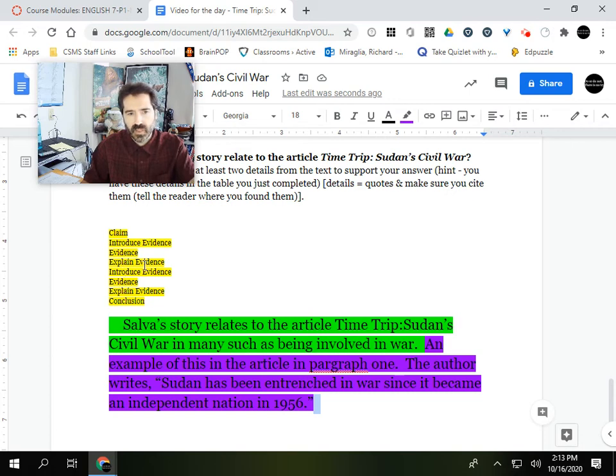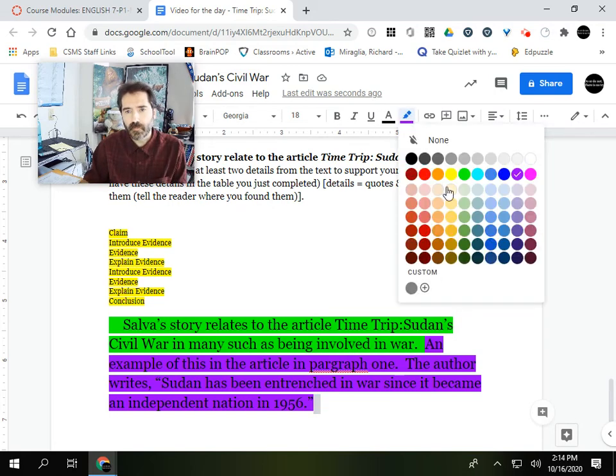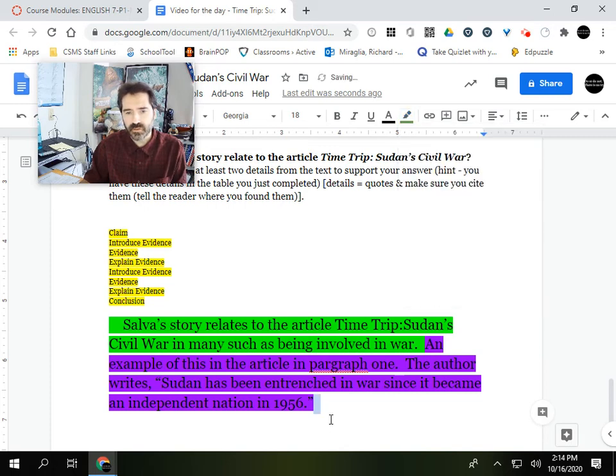Now, in my normal plan, I would explain the evidence, and I'm sort of going to do that when I write a transition to my next character, or my next part, which is Salva.